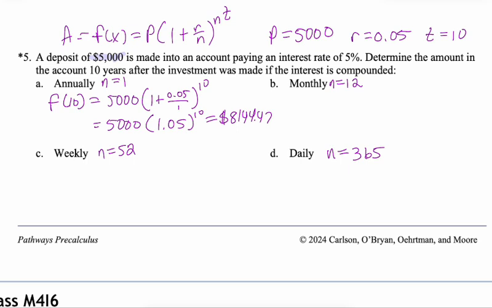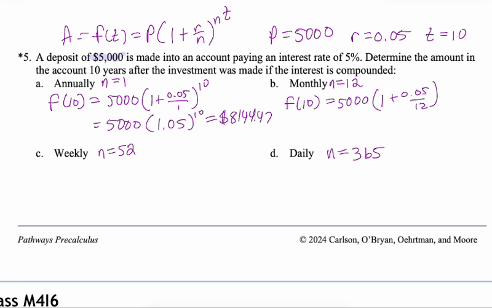Okay. Now we should expect the monthly should be a little bit more. So if we do F of 10, I guess we should say this is a T, for our new type of account is going to be 5,000 times 1 plus 0.05 divided by 12.